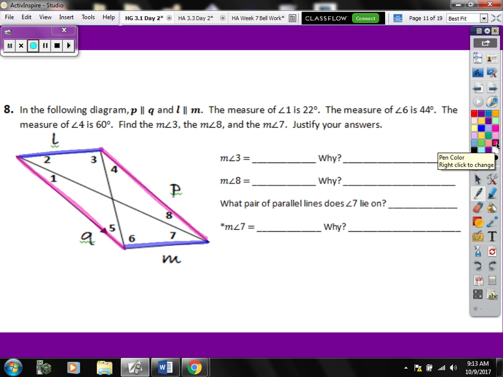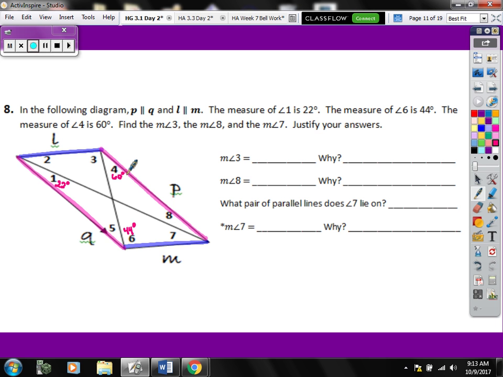Put that in. Measure of angle 6 is 44. And the measure of angle 4 is 60. Find the measure of angle 3, 8, and 7.